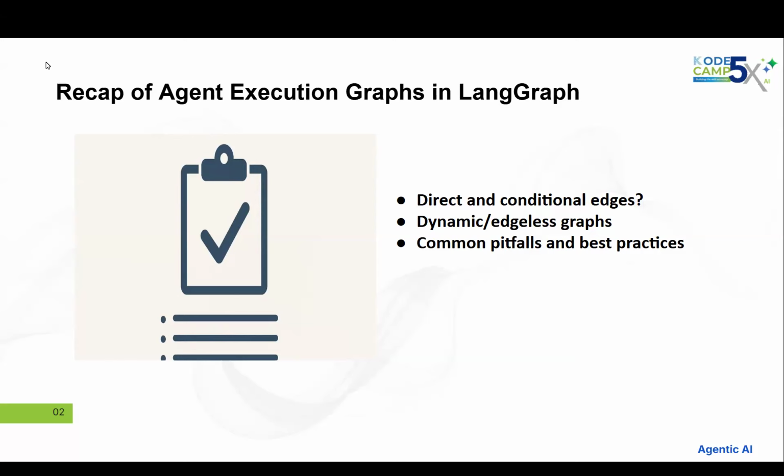Its key is the response from the router, the routing function, and it maps that key to the specific next node. So it's simply a dictionary of keys to nodes, so that when the routing function returns the key, the agent knows the next node to go to based on the mapping between that key and the node.